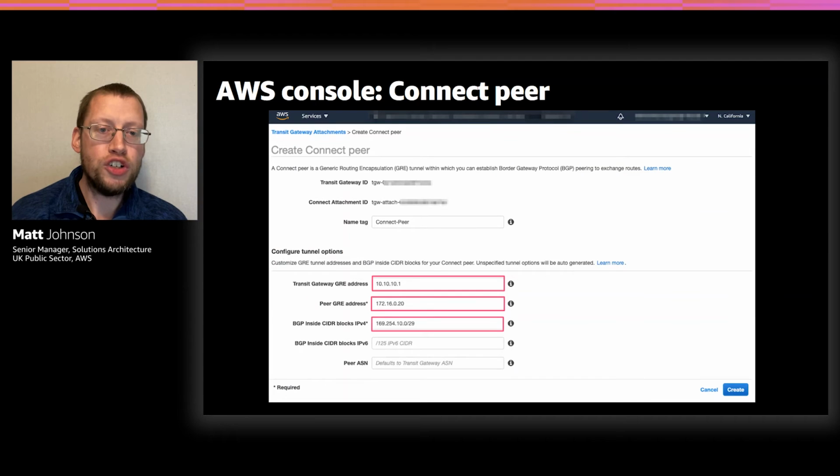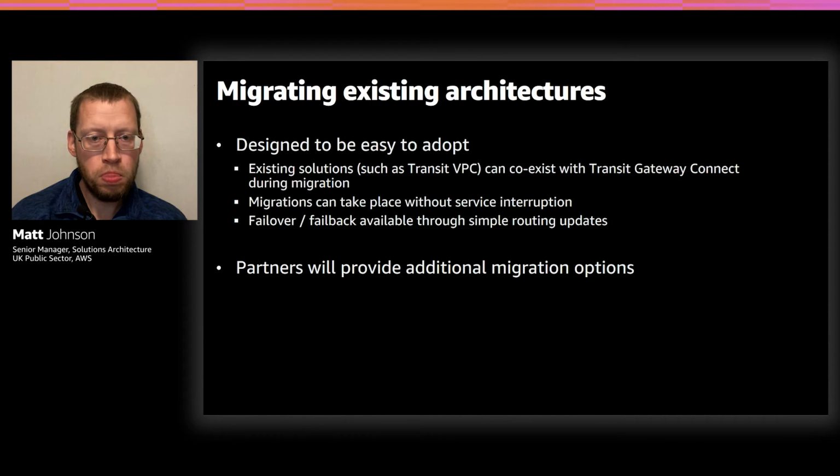We give it the peer address. So this will be the address of the network virtual appliance, 172.16.0.20. And we define the BGP inside CIDR blocks that will be used to exchange the routing information. Once we've done that, we can click Create, and then that peer will be established between the network virtual appliance and Transit Gateway. So that's a simple walkthrough on how to deploy Transit Gateway Connect.